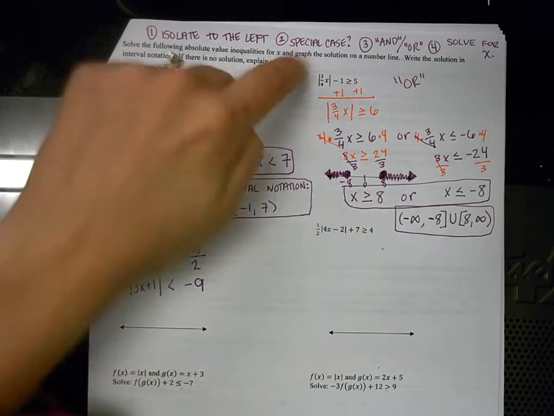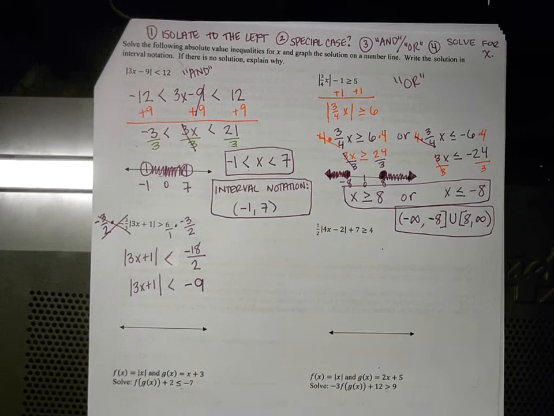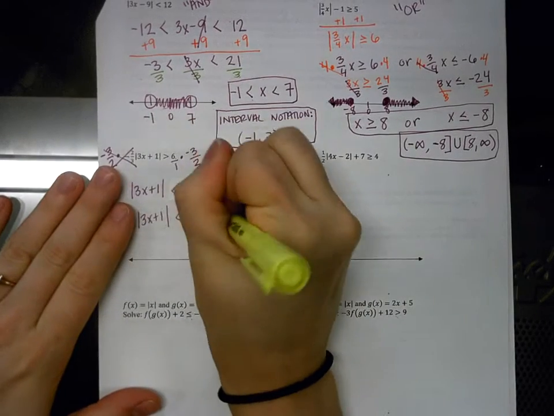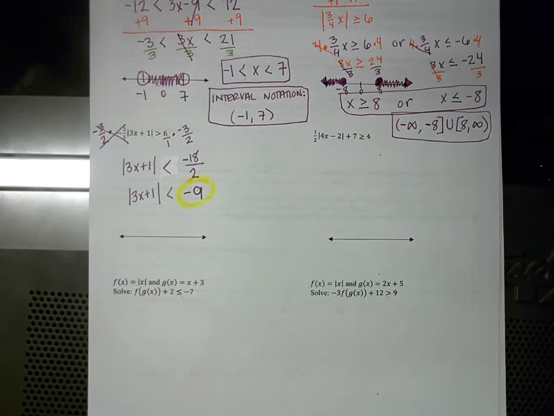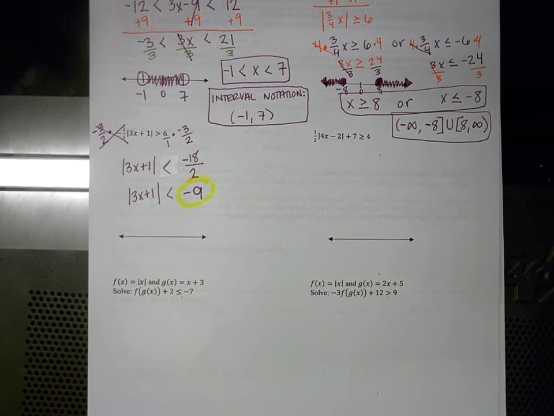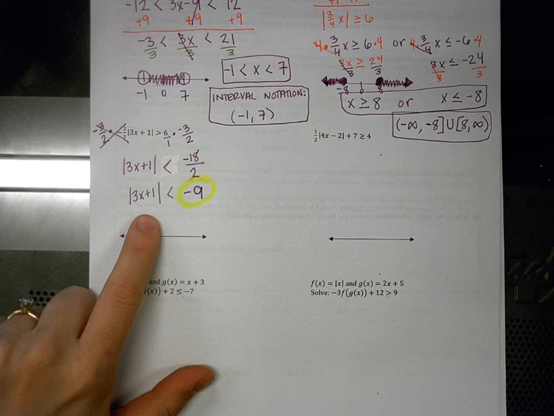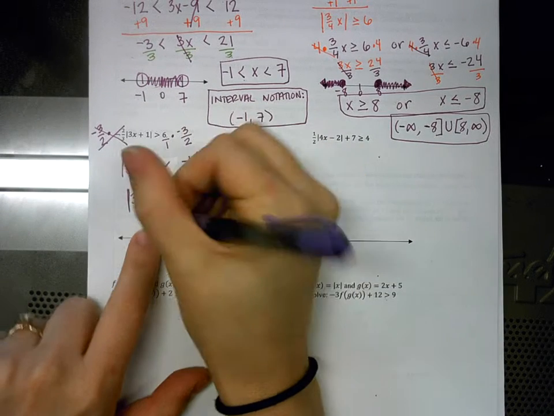Number 2, is this a special case? Yes. How do we know it's a special case? Because it's negative. My b value is negative. That means I'm going to get my answer right after I determine which type of special case it is. So, what type of number do you get when you take the absolute value of something?